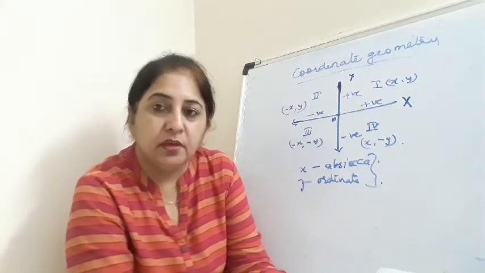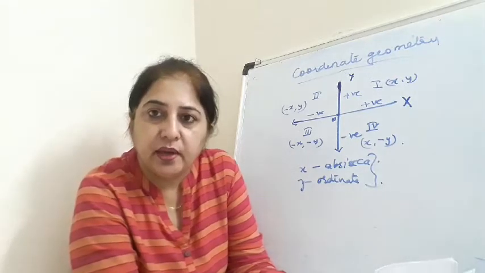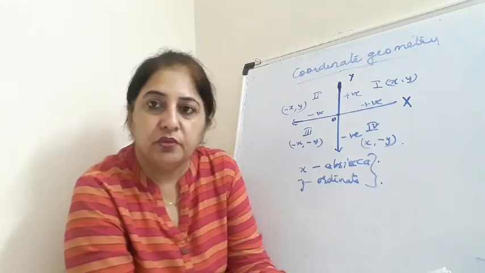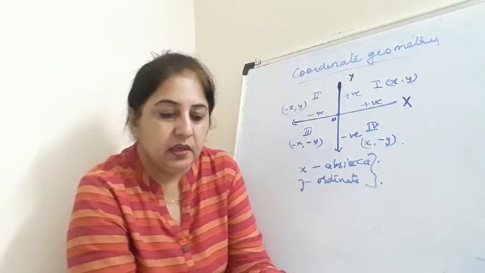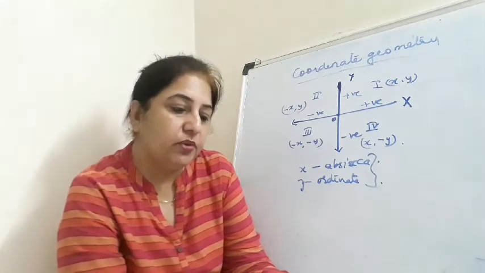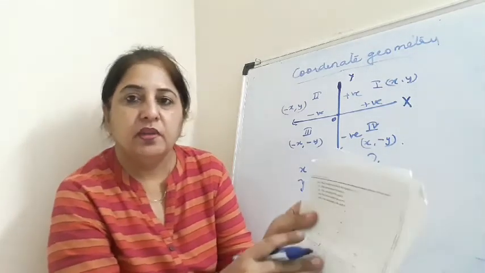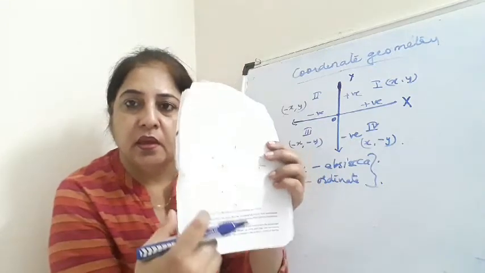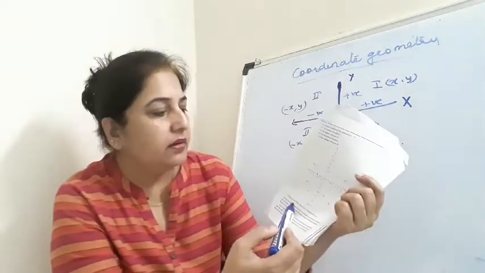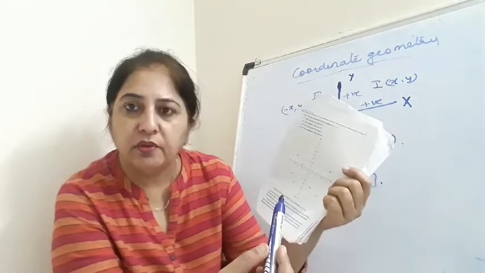Now in question number 2, when you refer to your textbook, they are asking you to write the coordinates of B, the coordinates of C, and the point identified by the coordinates -3, -5. Now from where will you get these answers? This is the page, and this diagram is given, figure number 3.14.